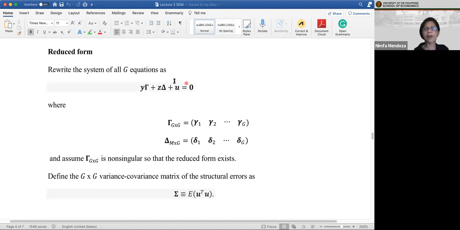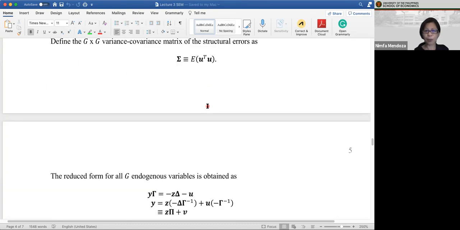Again, this is the structural equation, and we want to get the reduced form wherein Y appears on the left-hand side and on the right-hand side we have Z and U. So how do we do that?